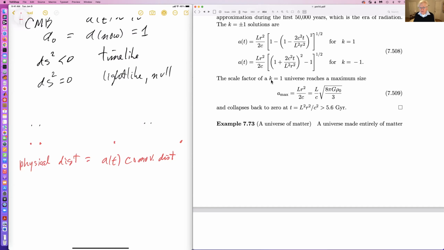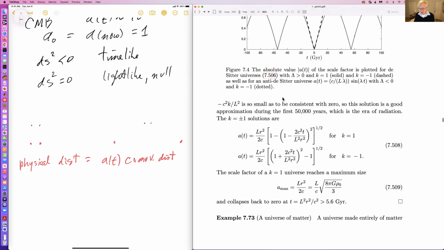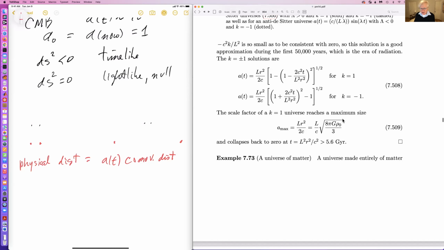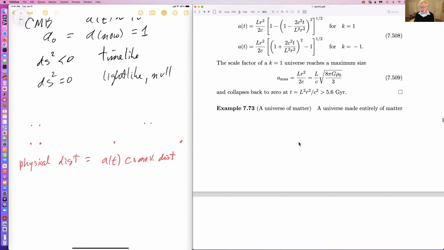So if you have a k equals 1 universe, then the universe reaches, for radiation here, a maximum size and collapses back to 0 in a time that's at least 5.6 gigayears for the L that I quoted earlier.